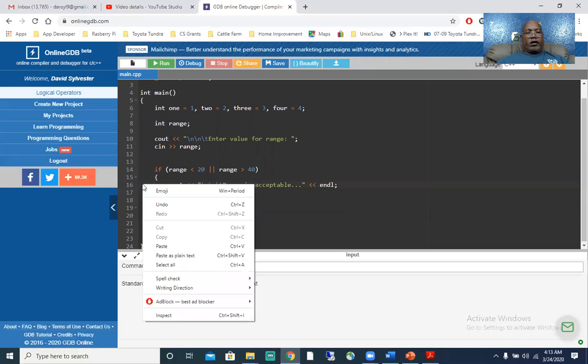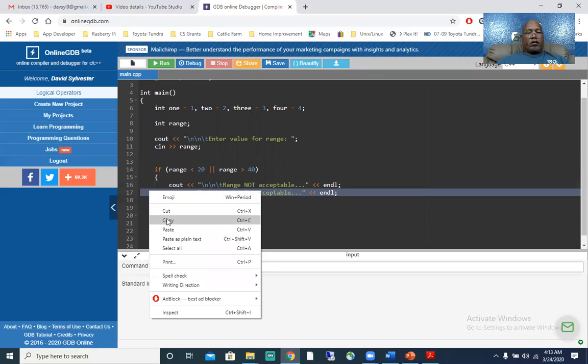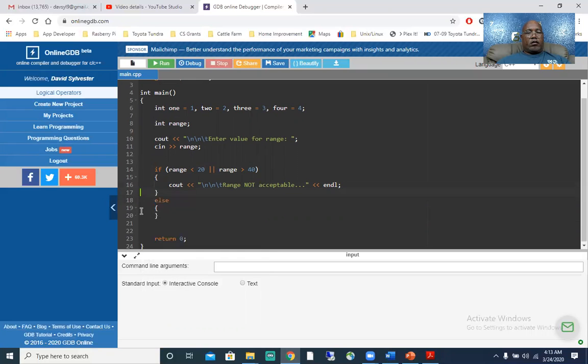Like I said, you could have written it the other way, but we're following what the book example is. So if it's less than this, or if it's greater than this, it's not acceptable. But otherwise, it is acceptable.